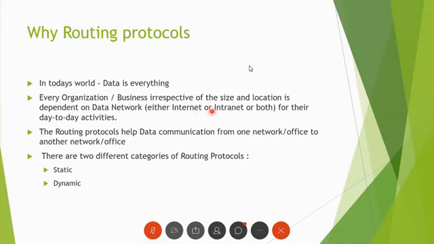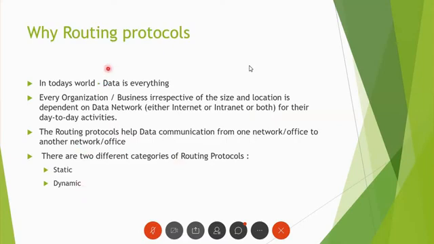Intranet is specific to that organization only. Outside users cannot access that network, and intranet users cannot access the outside network. Okay. So the routing protocols help data communication from one network or office to another network or office. These protocols are categorized further into two types called static routing and dynamic routing.